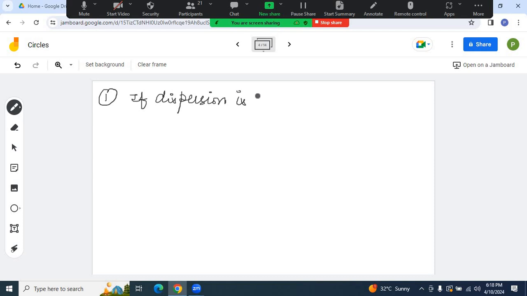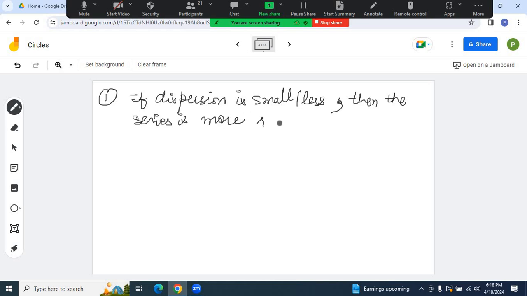If dispersion is small or less, if the variation is less, obviously our thinking says the series is more reliable. More reliable means it has more consistency.